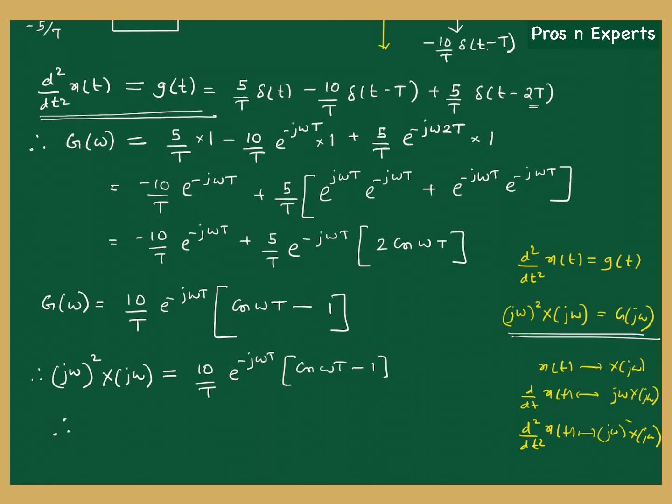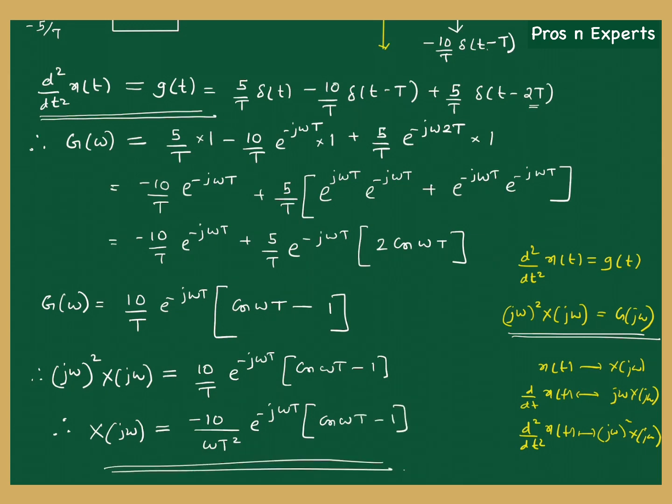Therefore the final answer X of j omega, that's what we have to find out. It is equal to what is j square? It is minus 1, right? So I can bring minus omega square to this side. So minus 10 by (omega t) square e raised to minus j omega t into cos omega t minus 1. This is the final answer as the Fourier transform of x1 of t.